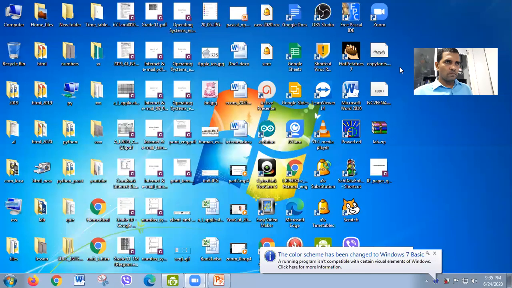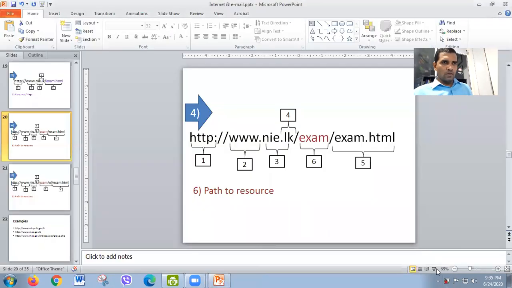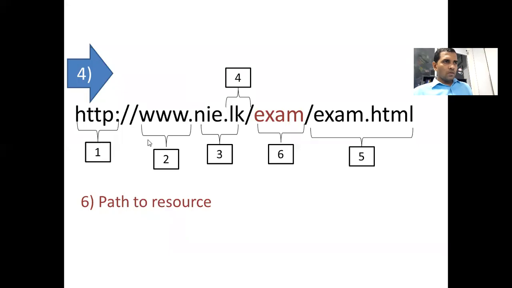to take those URLs again. This is only for a recall. Look here. This is the one which I talked about. It's a lengthy URL. You have protocol, that is 1. Service or World Wide Web, that is 2, sometimes called service.